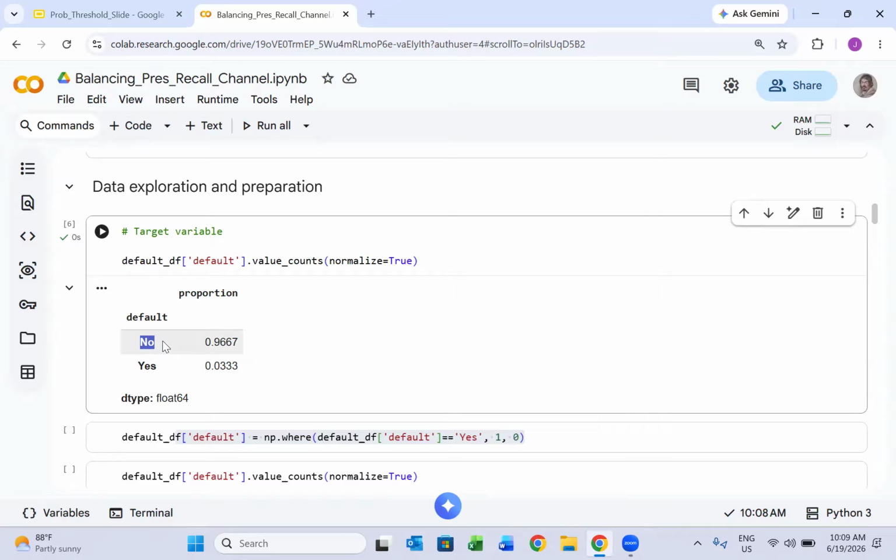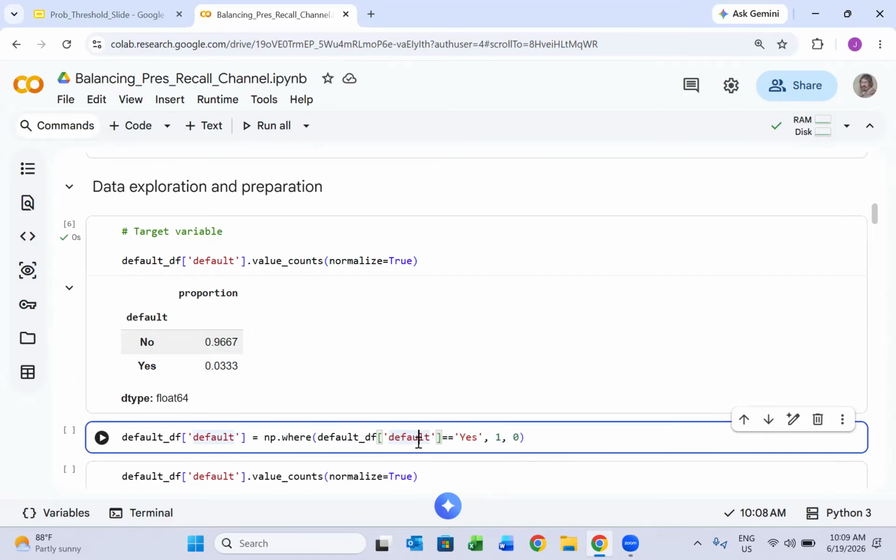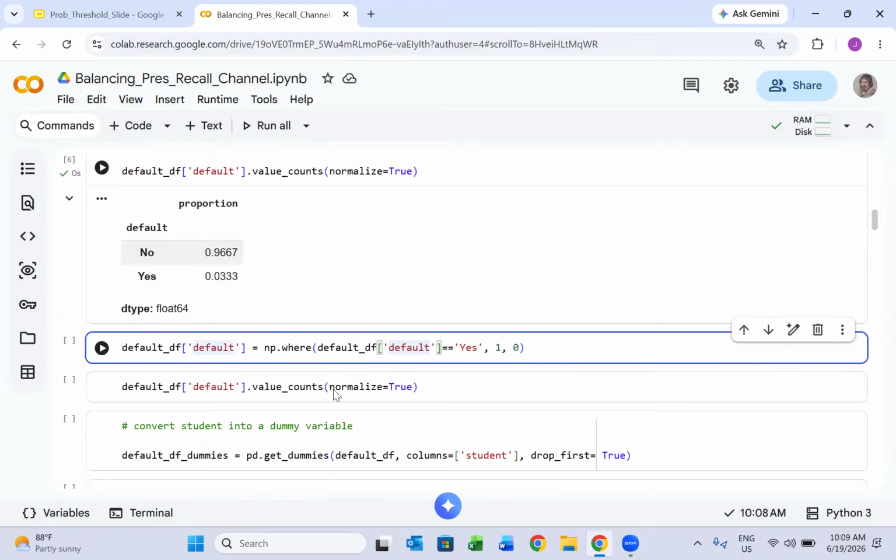In other machine learning apps, we must work with numeric classes. So we must work with zeros and ones instead of no and yes, okay? So that's why, to be consistent with other machine learning applications, I transform the no into a zero and the yes into a one, okay? We don't have to do that in scikit-learn, but again, to be consistent with other applications, I did it.